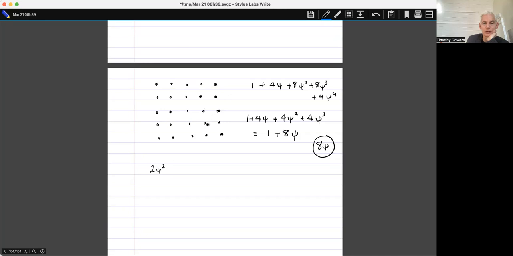Then I have 2 psi cubed plus 2 psi to the fourth. That's dealt with those ones. So I can then repeat that 4 times. Get 8 psi squared plus 8 psi cubed plus 8 psi. So I can certainly subtract that much from the invariant. So how does that compare with 8 psi? 8 psi equals 8 psi squared plus 8 psi cubed. So unfortunately this is bigger than 8 psi.